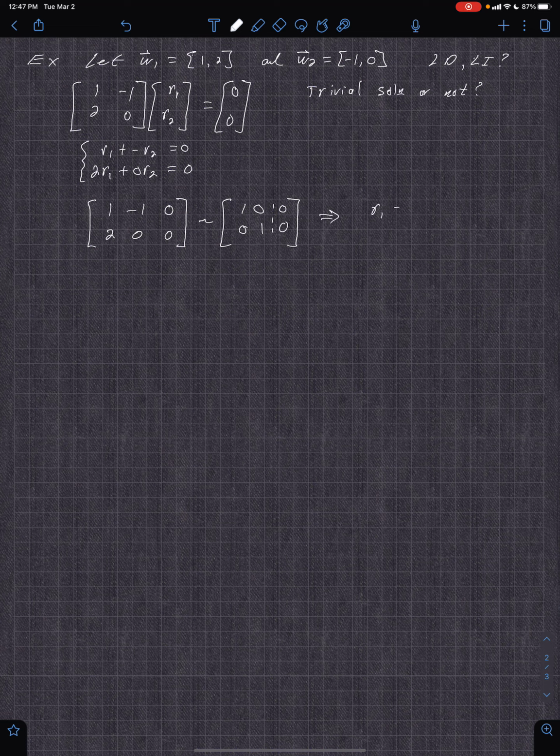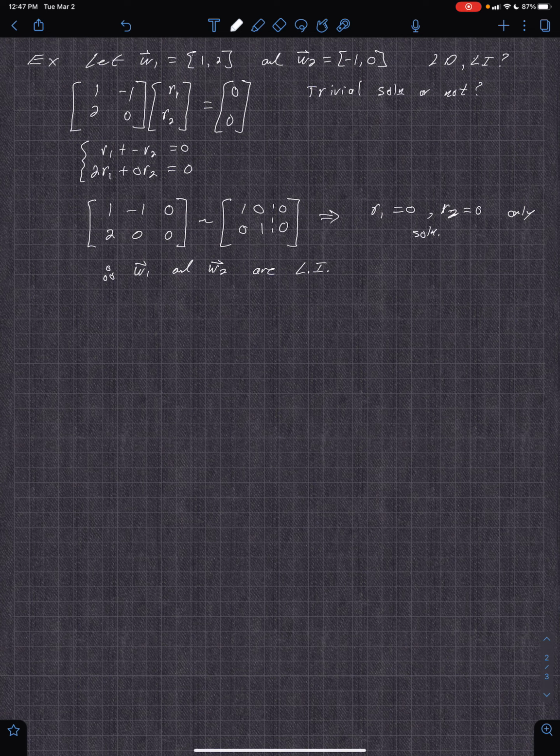That implies R1 is 0 and R2 has to be 0. So it's the only solution. There's a unique solution, and it is the trivial solution. So what is our conclusion? Therefore, W1 and W2 are linearly independent.